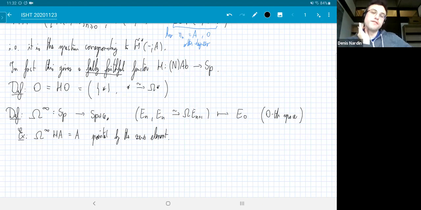And you can think of omega infinity as somehow the underlying space of the spectrum. Unfortunately, a spectrum is not just a space with some structure. It has more information included in the negative part, which I don't think we can talk about today, but we will devote the next couple of weeks to seeing exactly in which sense omega infinity is the underlying space of the spectrum.